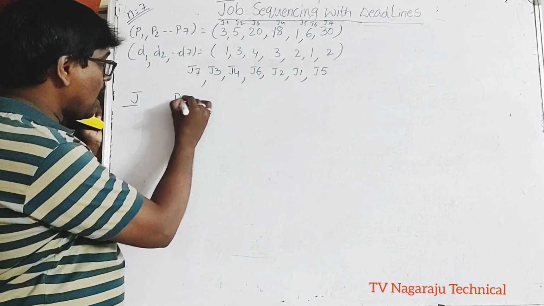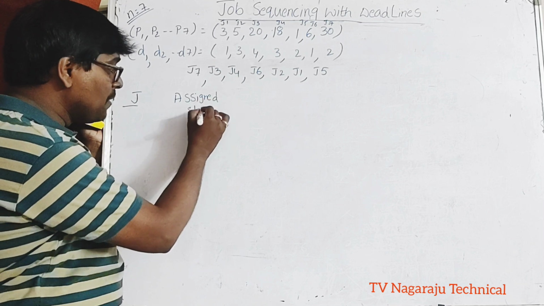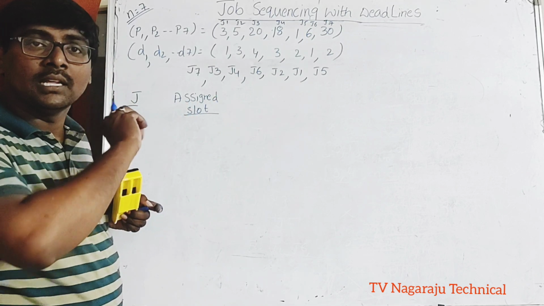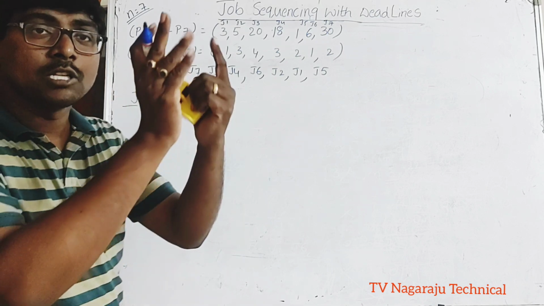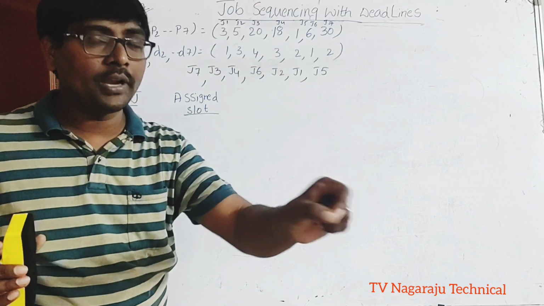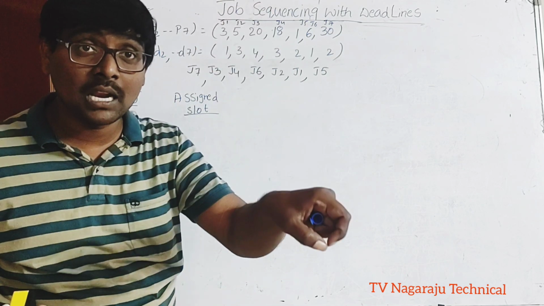What are the slots that are assigned? If a slot is assigned to one job, no other job is allowed to execute on that slot. Suppose the slot 0 to 1 is completed, which means at that point one job is executed. No other job is allowed to execute on the same slot.